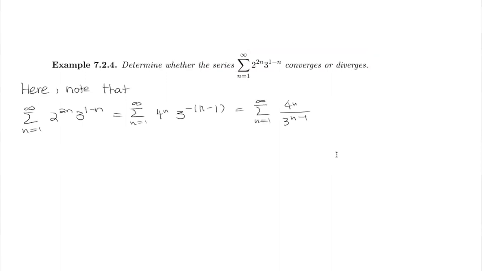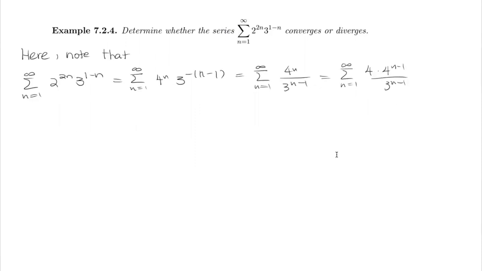I could write the numerator as 4 times 4 to the power n minus 1, over 3 to the power n minus 1. Good. So now I could just bring the 4 outside, and this would just be a term by itself. Using exponent rules, we have 4 times (4/3) to the power n minus 1.